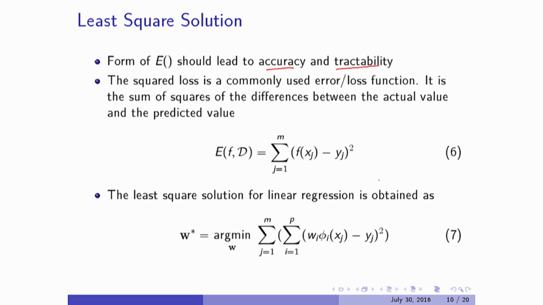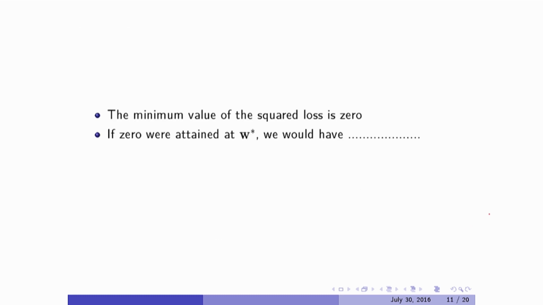Also, it's easy to solve such an optimization problem, minimize such an error function. So our task is to obtain W star that minimizes this specific form in equation 7. How do you obtain this form?